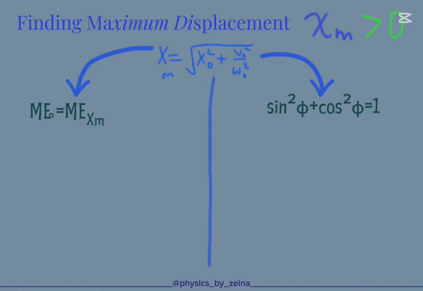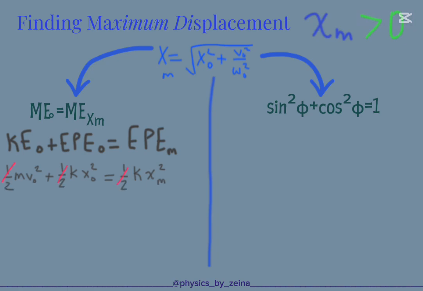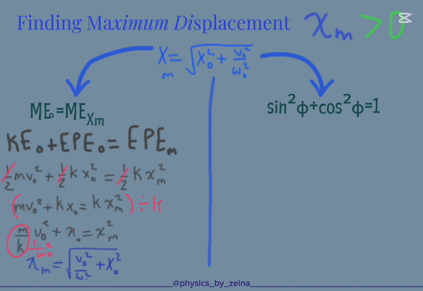The mechanical energy at t0 equals the mechanical energy at x max, where EPE plus kinetic energy at t0 is equal to the EPE maximum. So you add the equations and divide by the stiffness constant k, you get x maximum squared equals x0 squared plus m over k, which is the inverse of omega squared, times v0 squared.